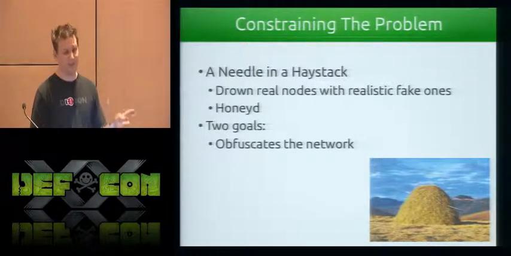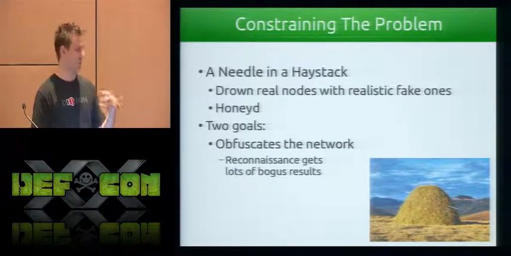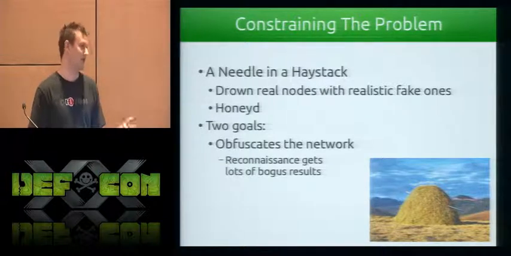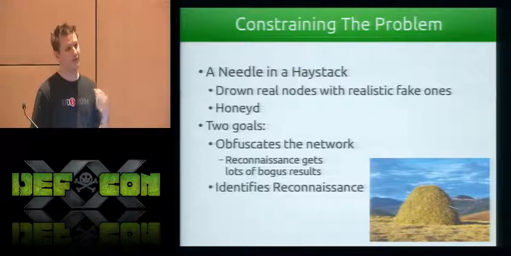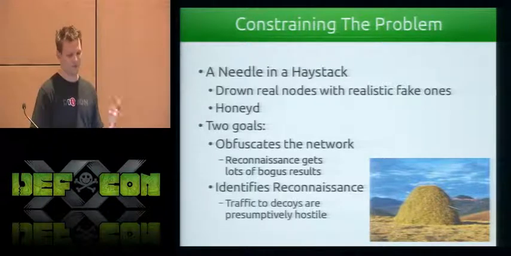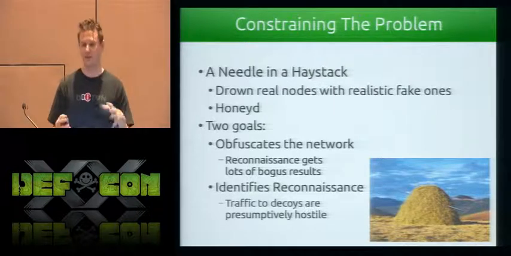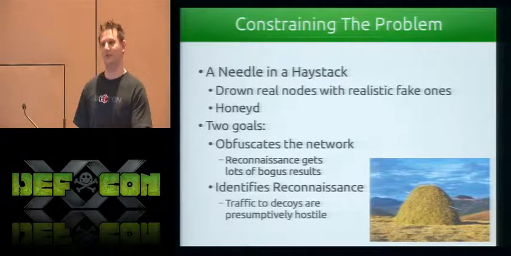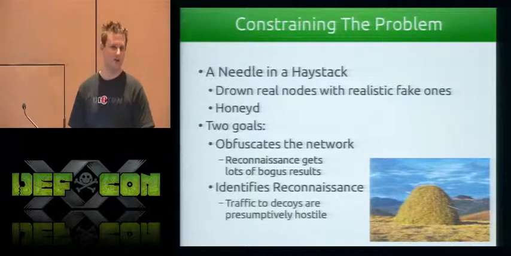So we're going to have two goals for the system. We want to obfuscate the network, giving reconnaissance lots and lots of bogus results, making it much harder or possibly useless. And then we also want to identify reconnaissance. Because one of the unique things about this setup is that, because you've got all these decoys, these honeypots, any traffic going to the honeypots is presumptively hostile, right? You could say, why are you talking to the decoys?